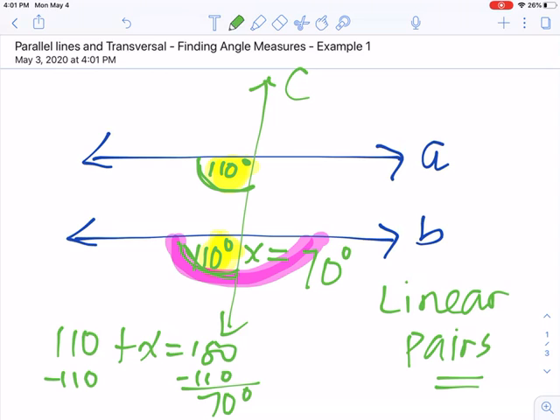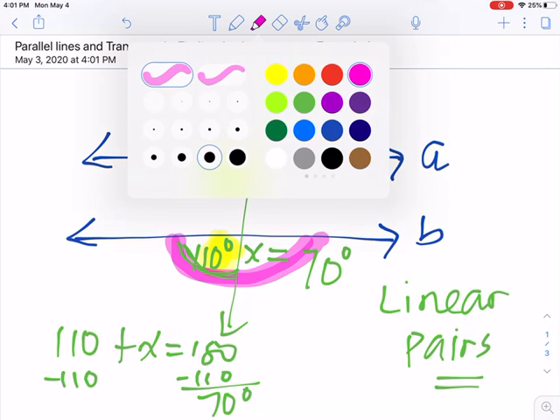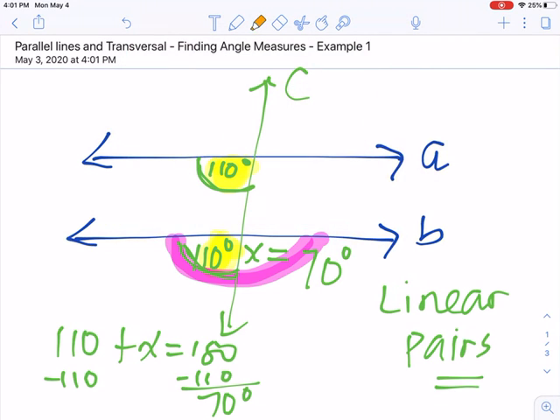That makes a lot of sense because look up here. The angle right here will be corresponding to X, because it's on the bottom of the parallel line, and X was also on the bottom of the parallel line. So if they're corresponding, this angle here will be 70 degrees.